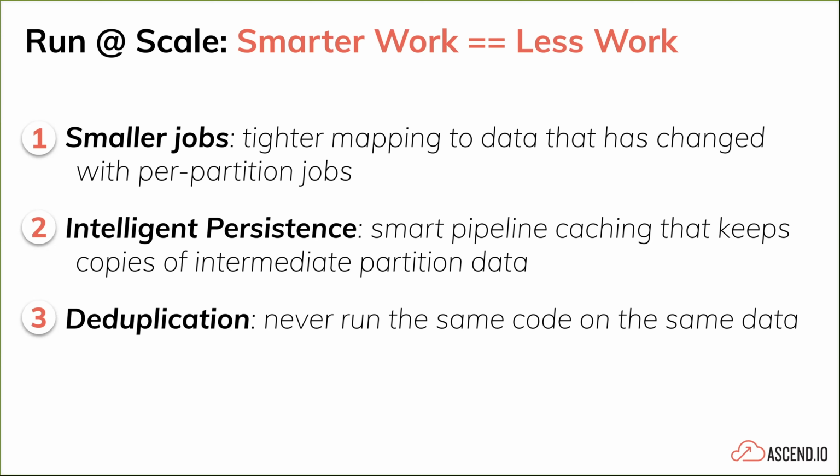Instead, run it as lots of small partition jobs. Similarly, keep caching of that intermediate data and be able to reference it so that we don't need to rerun something that's already run.